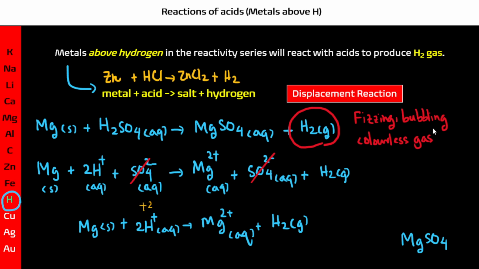In the next few chapters, you might learn how to test for hydrogen gas. We call it a squeaky pop test, where you try to light up the hydrogen gas coming out in order to see if the gas is really hydrogen or not. But that is for a later chapter.